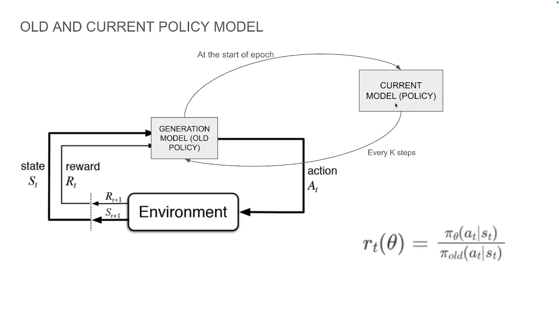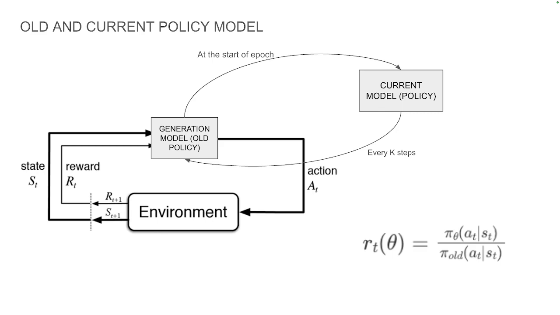And every k steps, we would take our weights and sync with the generation model. We don't want to do this step many times because it has a lot of computational overhead. We would like to do it every k steps. So this generation old policy can be off policy or can be stale, and we need to update it every k steps so that we can keep on generating with the new policy.